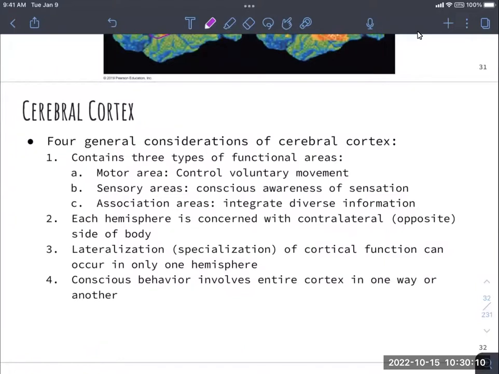So, our cerebral cortex, of course, is going to be split up into different areas. We have a motor area. That's what allows you to walk, talk, run, get from one place to the next. We have sensory areas.